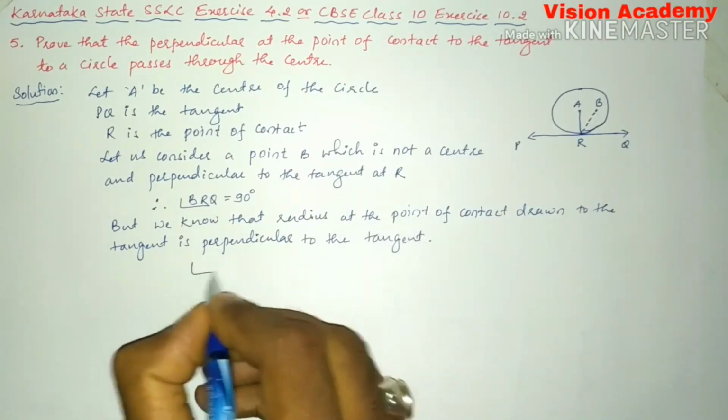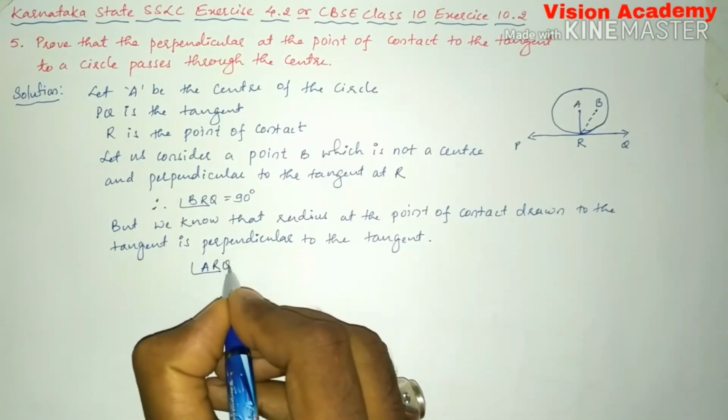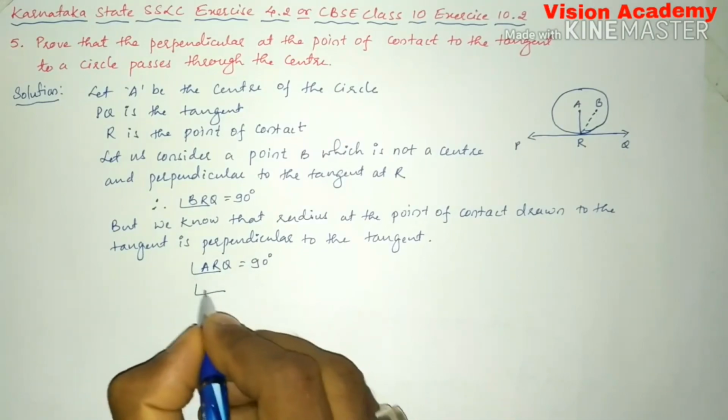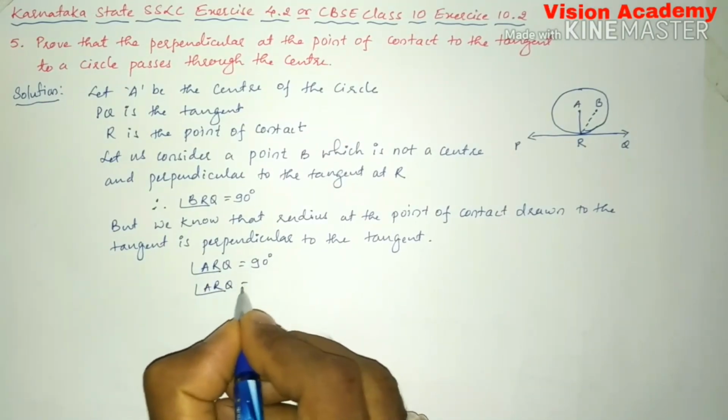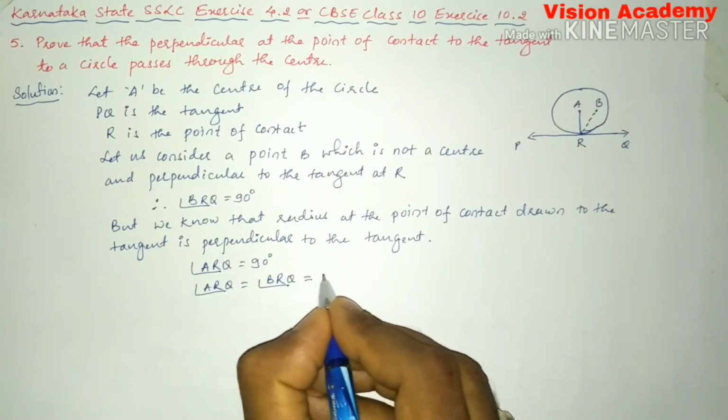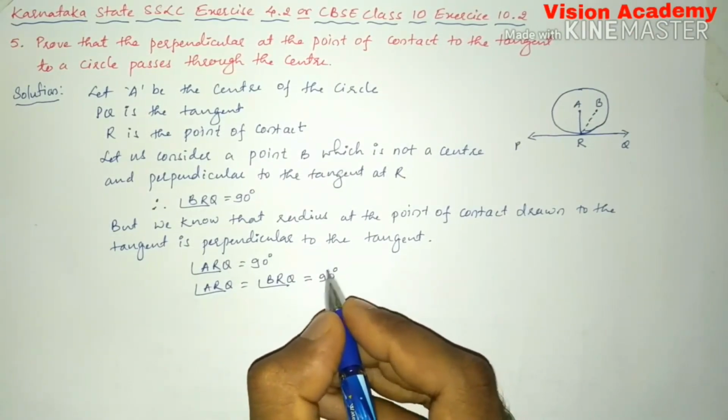So here angle ARQ is equal to 90 degrees. Here both the angles, ARQ is equal to angle BRQ is equal to 90 degrees.